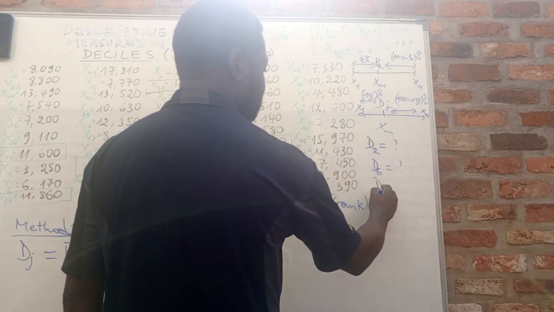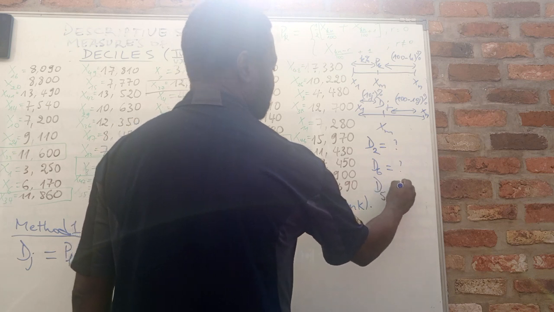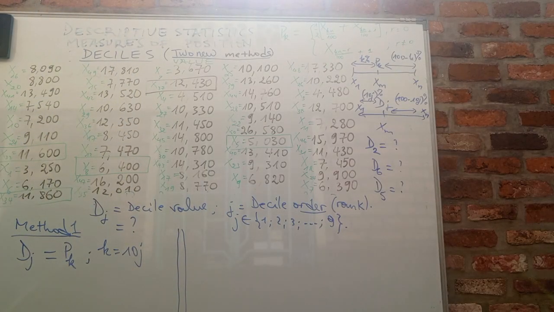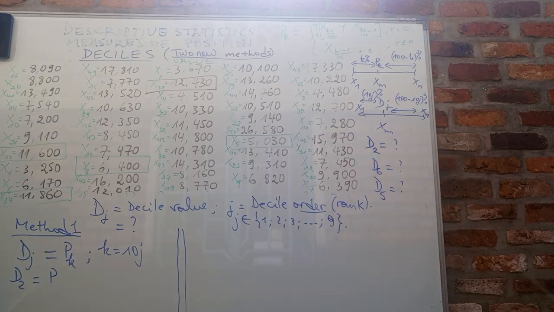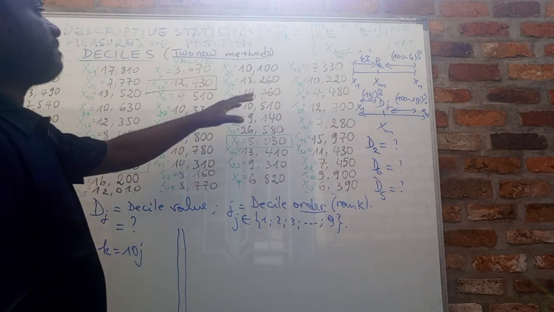Let us also take order 5 for this data. In that case, we have the decile value for order 2, so it will be P_k with 10 times 2, which is 20, so it is the percentile of order 20. So how do we calculate it? We use the formula here.